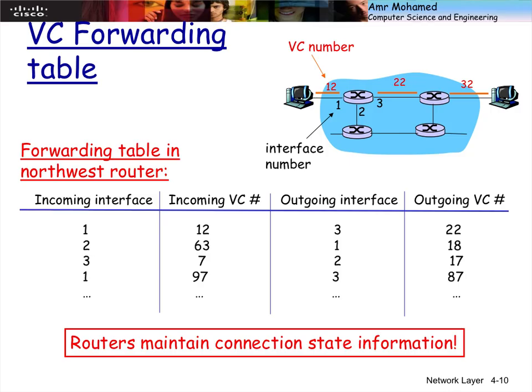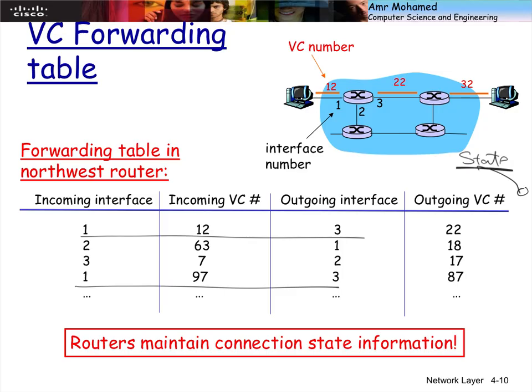And not only that, there is a state, which is missing from this table. The state has to be maintained for every single virtual circuit. And this one will be different from this one. So the amount of buffer size I reserve, the amount of bandwidth, and so on, will be different from one to another. That's a huge overhead for the router.